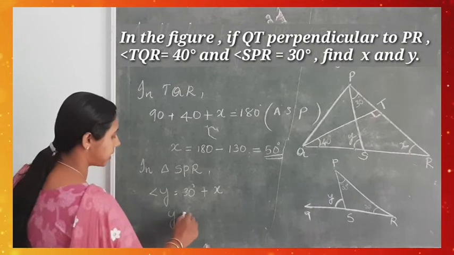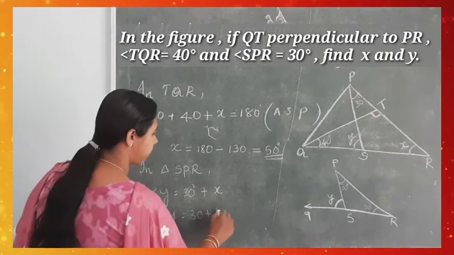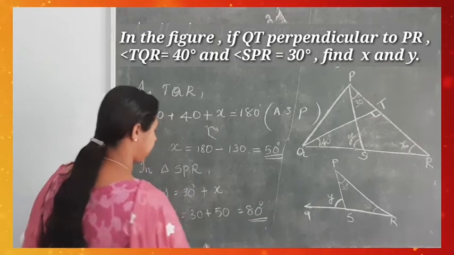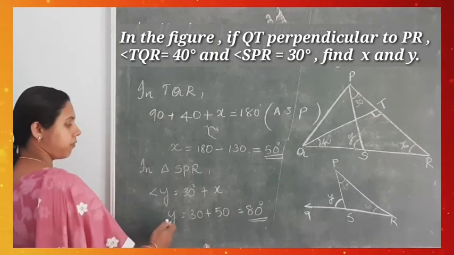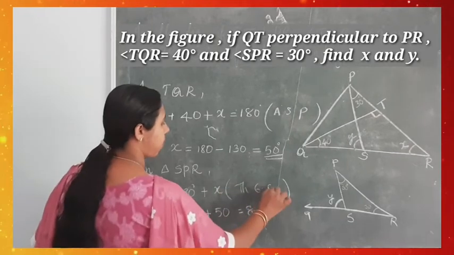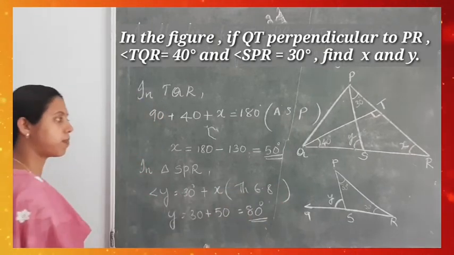So angle y is equal to 30 degrees plus 50, which is equal to 80 degrees. So the exterior angle is equal to 80 degrees. Here you should write the reason: by theorem 6.8 or the exterior angle property.